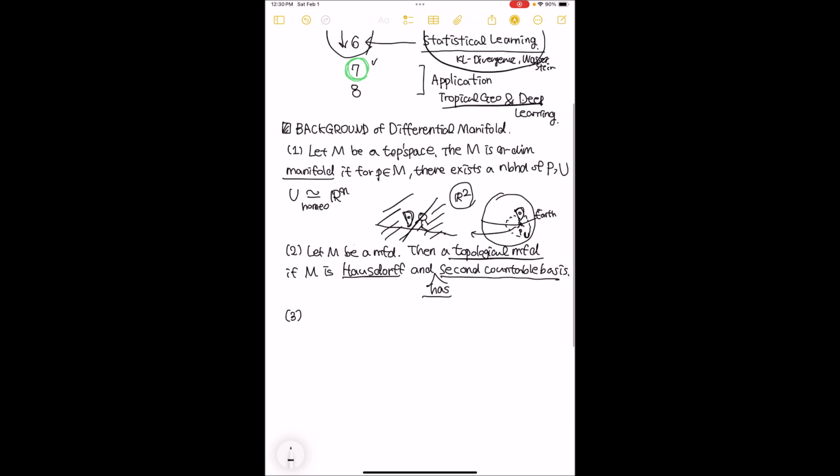Then, what is a differentiable manifold? Throughout this chapter, I will assume that M is a manifold.